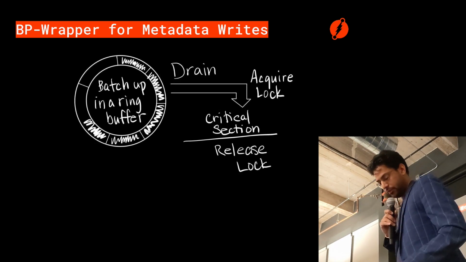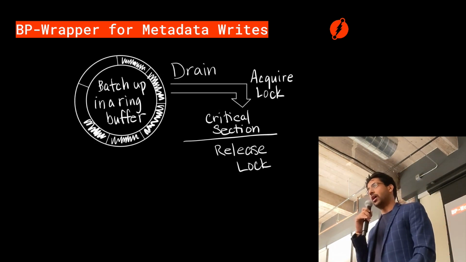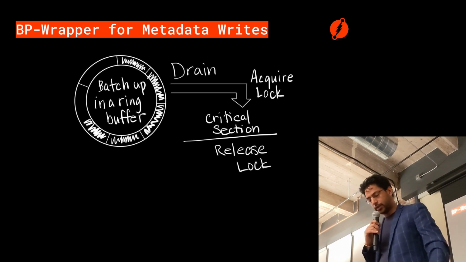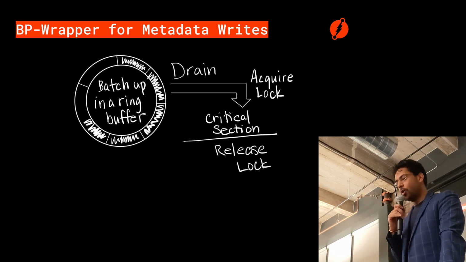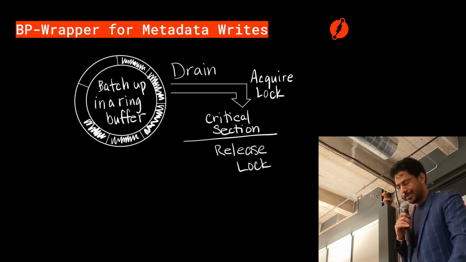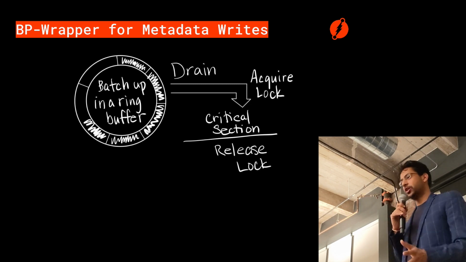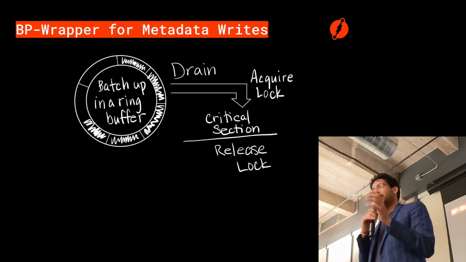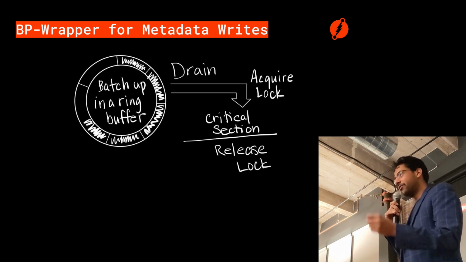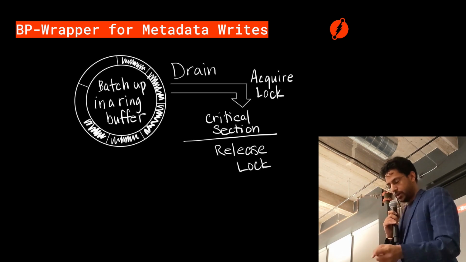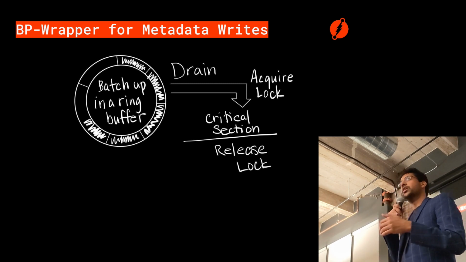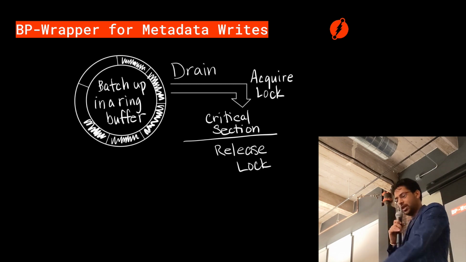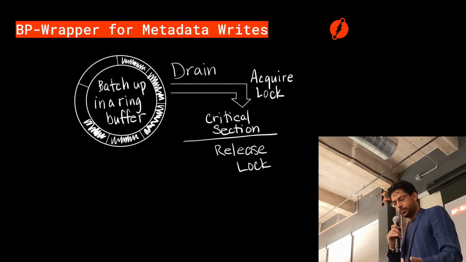So for that, we looked towards a paper called BP-Wrapper, which introduces a system framework to make any replacement algorithm almost contention-free. The main concept there is batching. So instead of acquiring a mutex lock for every metadata update, we fill up a ring buffer, and once it is filled, we drain it into the critical section.